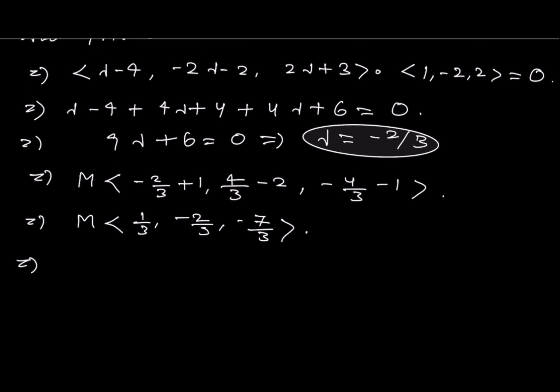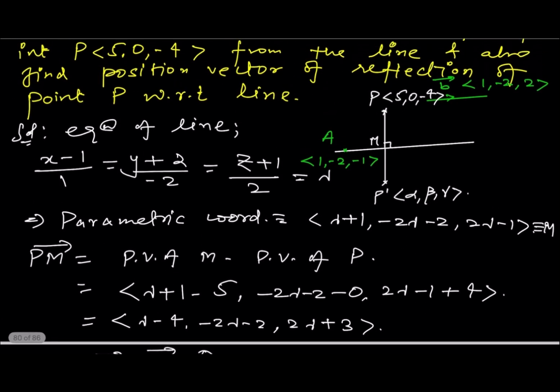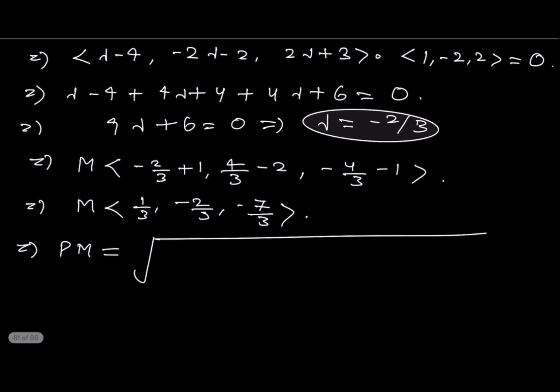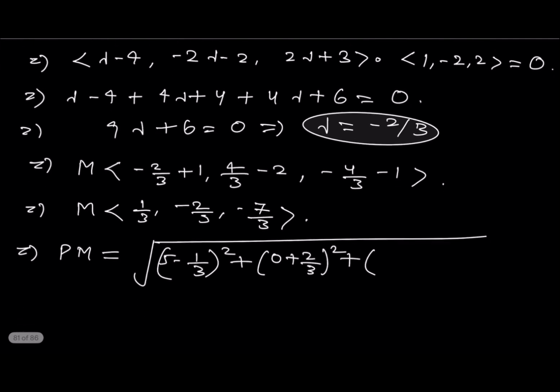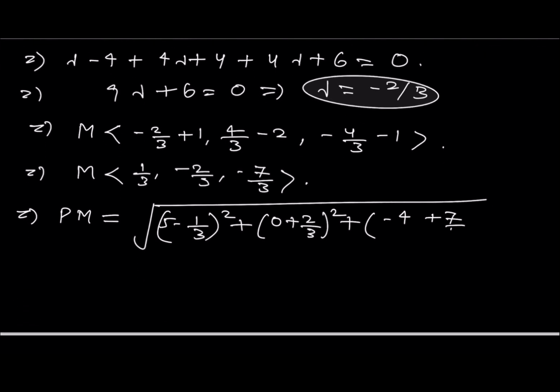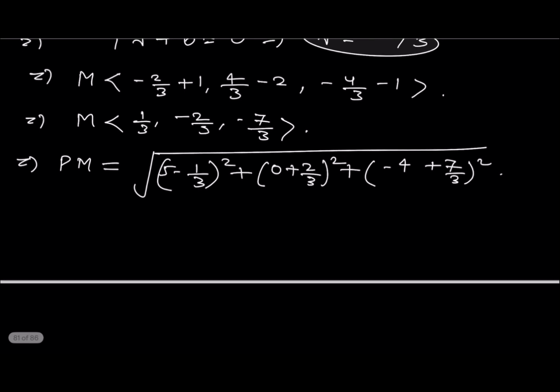Now you can have PM, the distance of point P from the line, by using the distance formula, which is root of (5 minus 1 by 3) whole square plus (0 plus 2 by 3) whole square plus (minus 4 plus 7 by 3) whole square. Okay, now you can calculate easily.